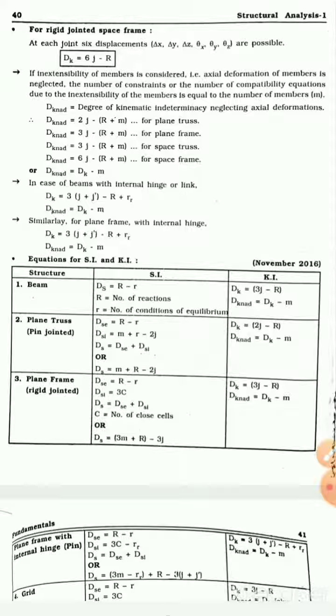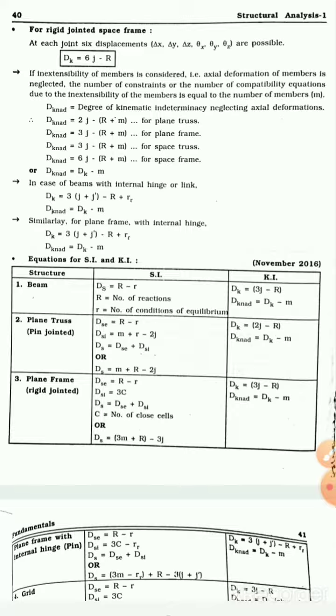So Dk is equal to 3j minus r. Now next is a rigid jointed space frame. At each joint six displacements, delta x, delta y, delta z, theta x, theta y and theta z, are possible. So at that time Dk is equal to 6j minus r.